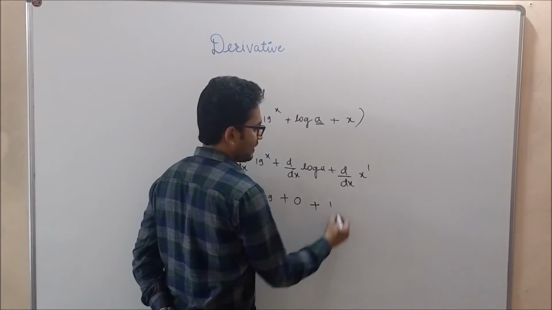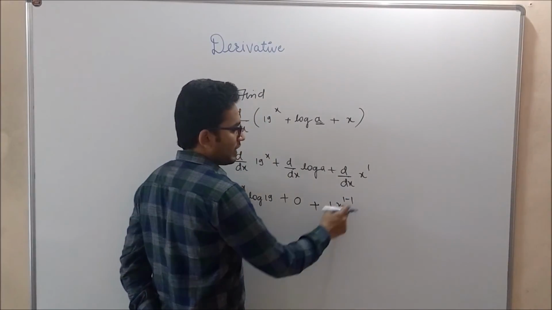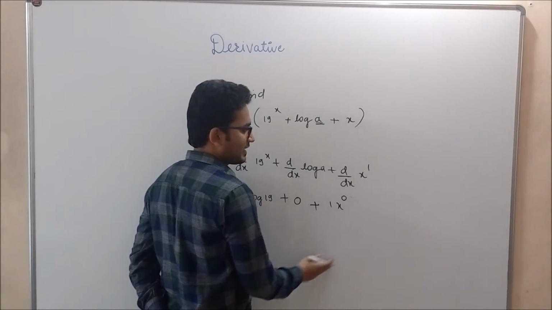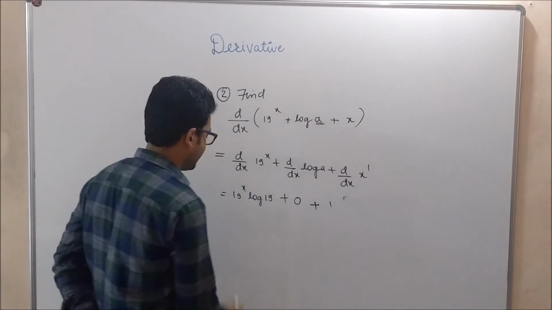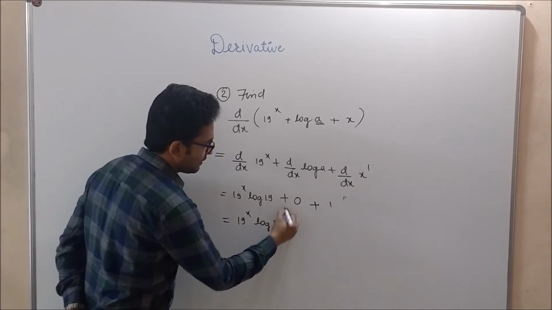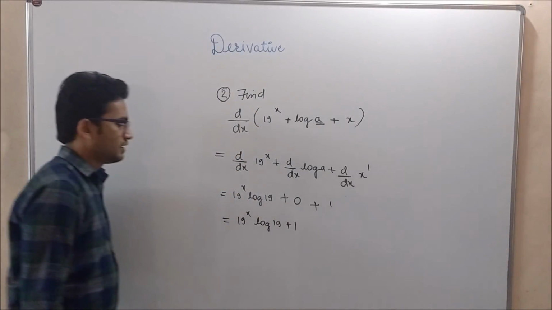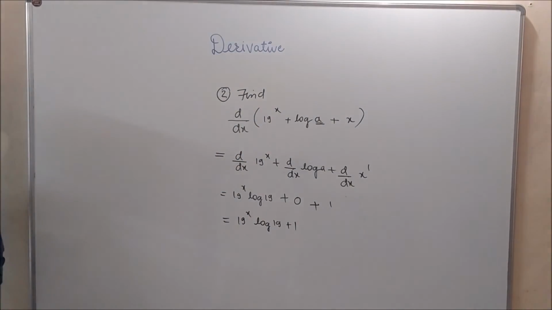So 1 will come in front, x raised to 1 minus 1. 1 minus 1 is 0. So x raised to 0, or anything raised to 0, is 1. So 1 into 1 is finally 1. So the answer is 19 raised to x log 19 plus 0 plus 1, this is 0 plus 1, 1. So answer is 19 raised to x log 19 plus 1.